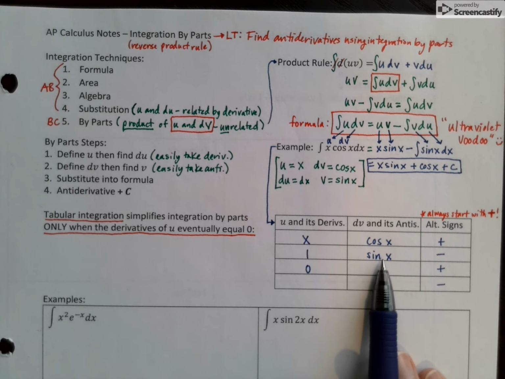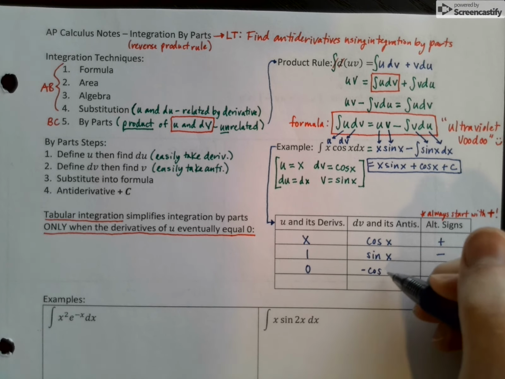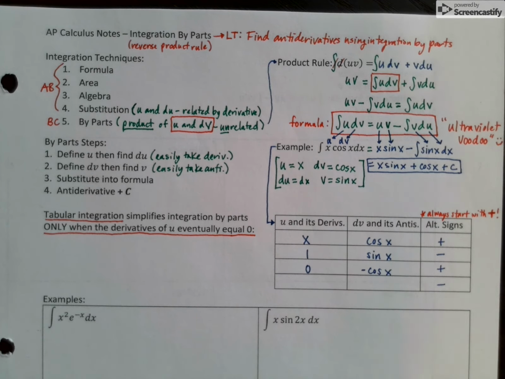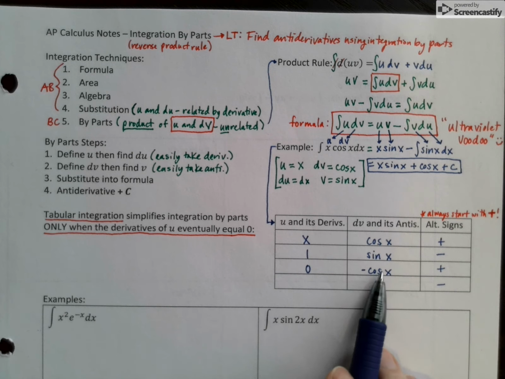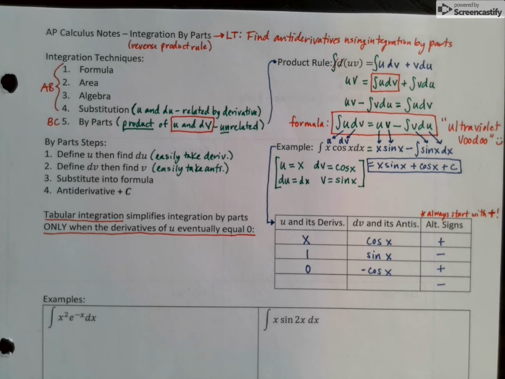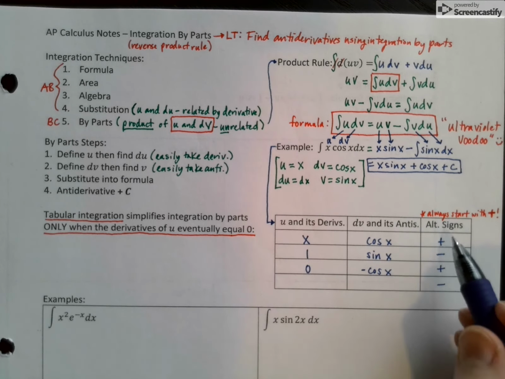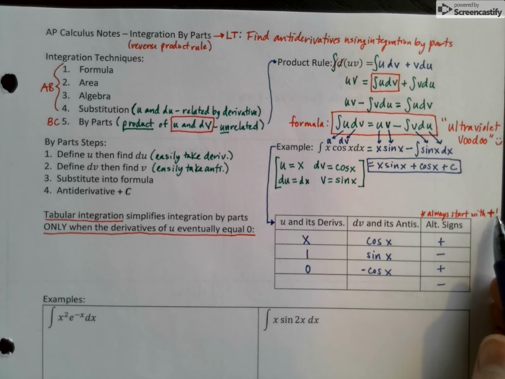And we're going to need to take one more antiderivative, which is negative cosine x, because you're going to see in a minute that we're actually going to draw diagonals to connect these 3 columns. So we'll need one more row in our second column than we do in our u column because we need the 1 to multiply that. We'll see that in a second. The third column is you're just putting signs, positive, negative, you're alternating, and you always start with positive to make this combination work.